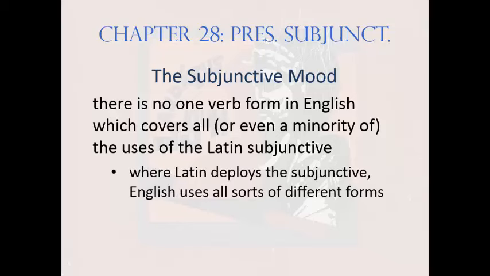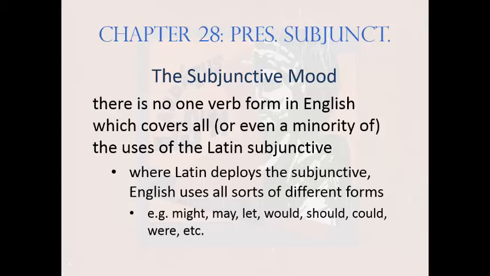The English verb system simply offers nothing directly comparable to Latin here. While you'll learn that might, may, let, would, should, could, were, and a few other English modals can be used to represent the Latin subjunctive, more often than not, where Latin uses the subjunctive, nothing at all is attached to the English verb.